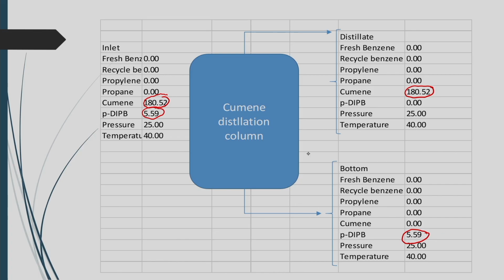So, at this final cumene distillation column we are getting separation of the cumene and byproduct. So, we are getting the desired purity of cumene, and the byproduct will be separated at the bottom product, which will be used for preheating purposes. So, in this way the total procedure, the material balance, and the inlet and outlet proportions of the compositions are given here.